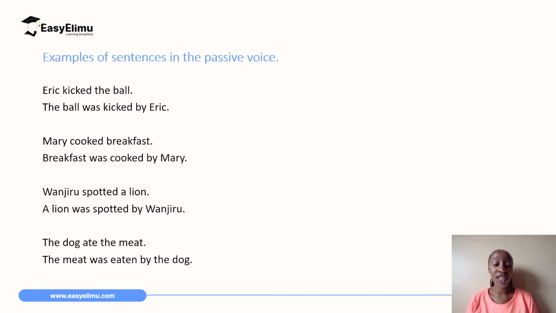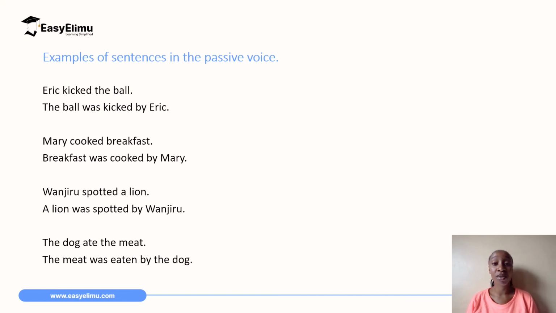Our object is the ball. Our action is was kicked. And then our subject, Eric. You can see we have the auxiliary was, because we can't say the ball kicked by Eric. That is not grammatically correct.